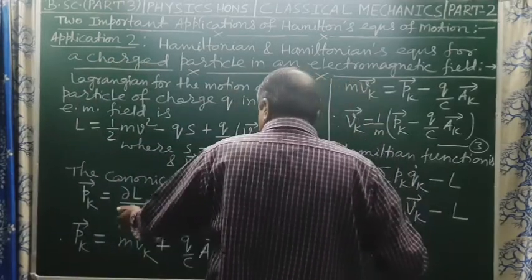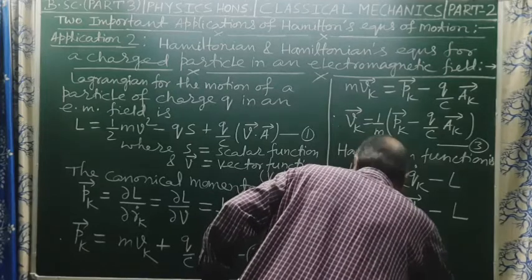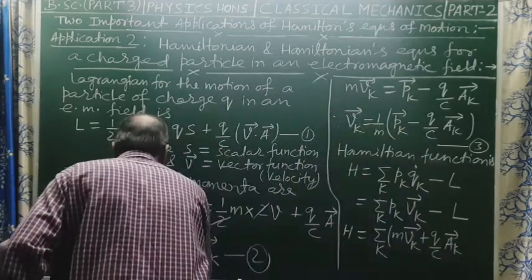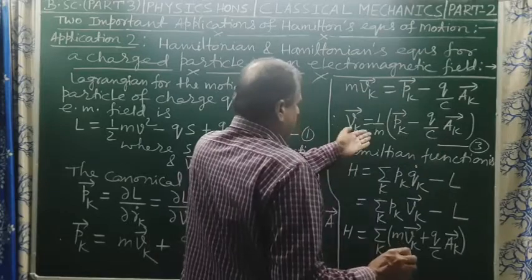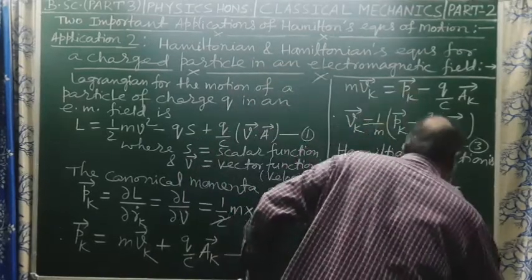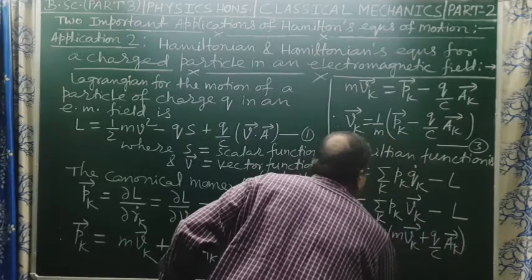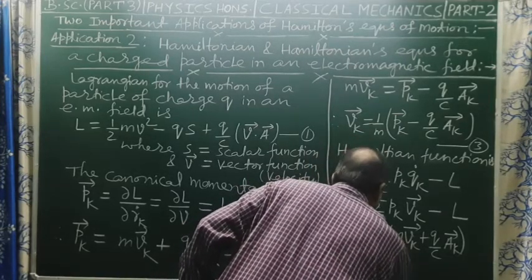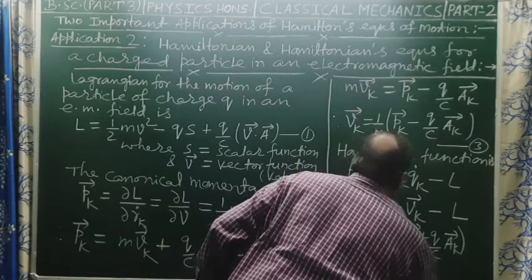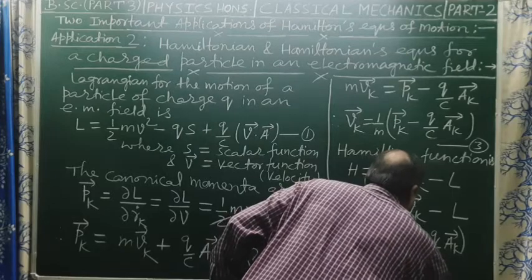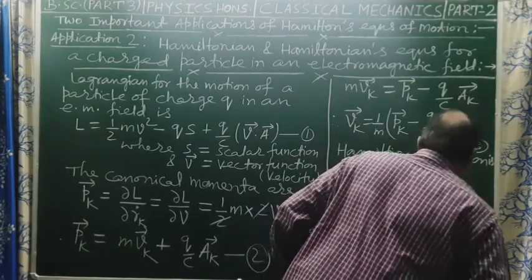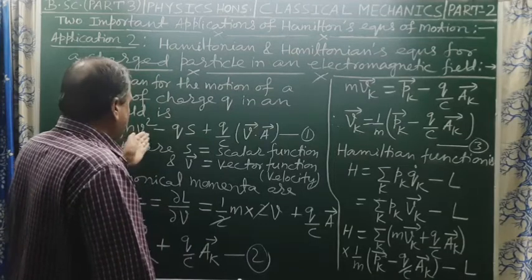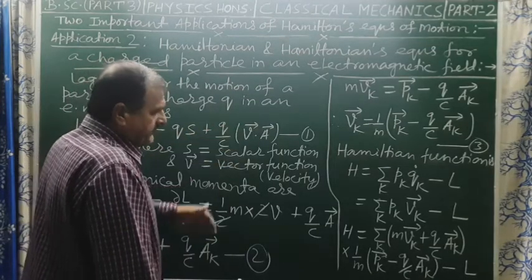So in place of pk we can write m vk vector plus q by c ak vector into vk, which is 1 by m pk minus q by c ak, into 1 by m pk minus q by c ak vector, minus L, we will write in the next step, L for the Lagrangian, 1 by 2 mv square minus qs plus q by c v vector dot A vector.